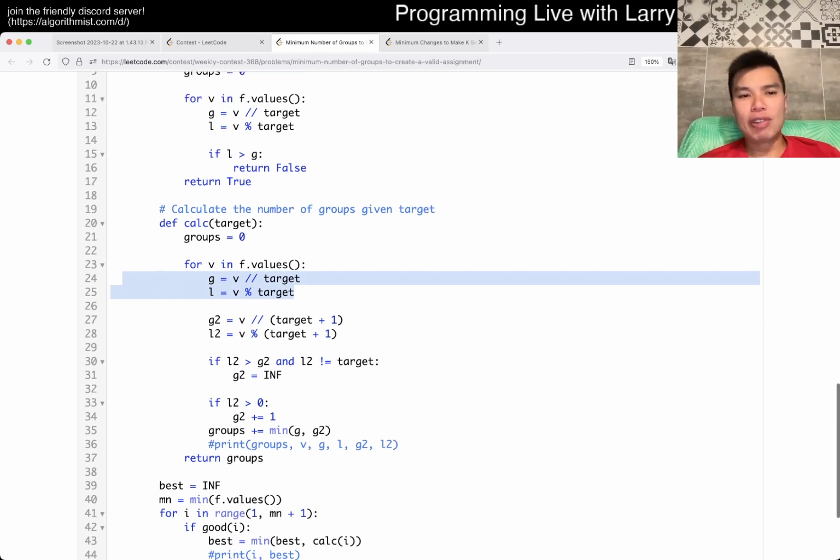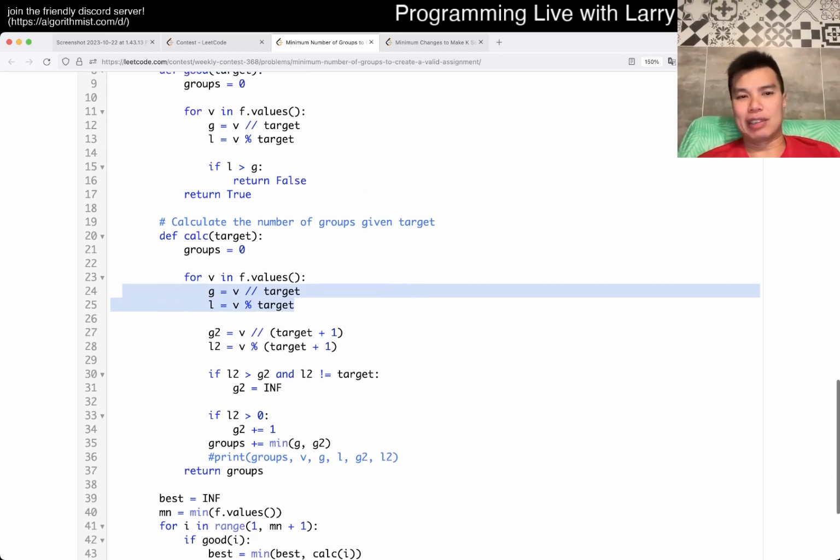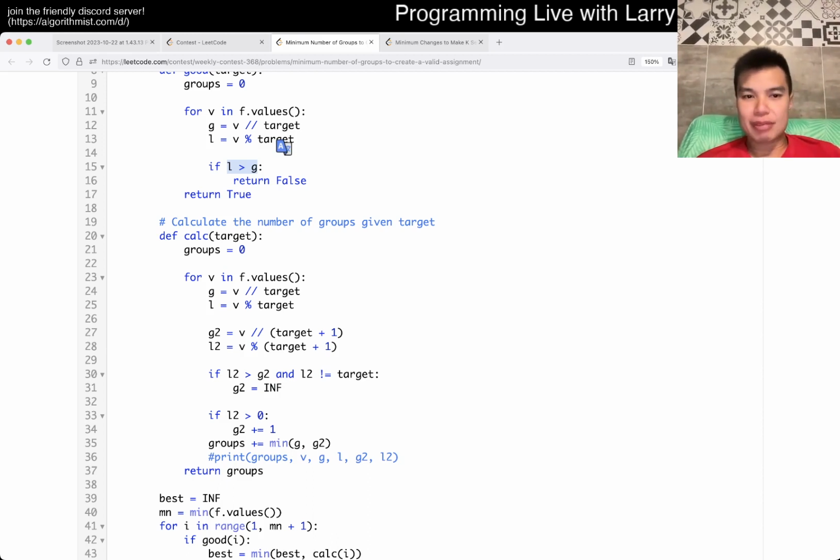In all these cases L is less than or equal to G, because if it's not, this would already return false. So that means there's G groups that we care about here. And here this is given exactly target plus 1 groups.